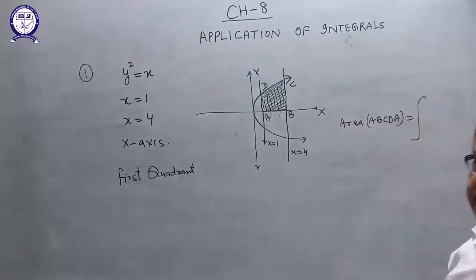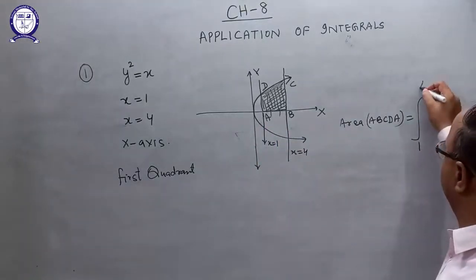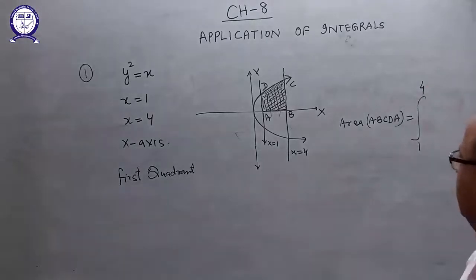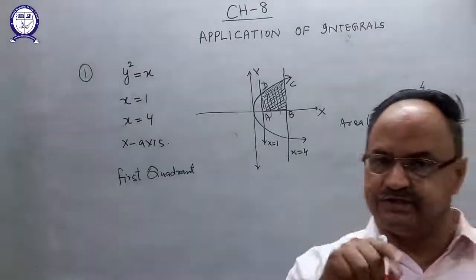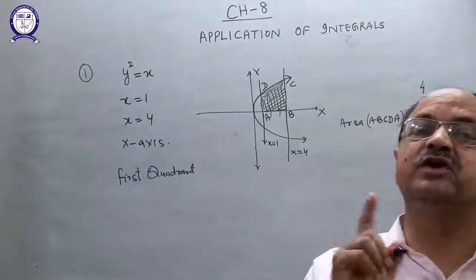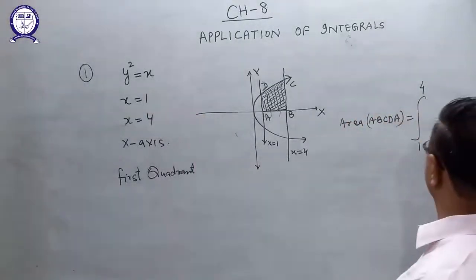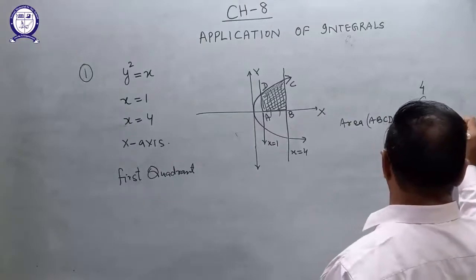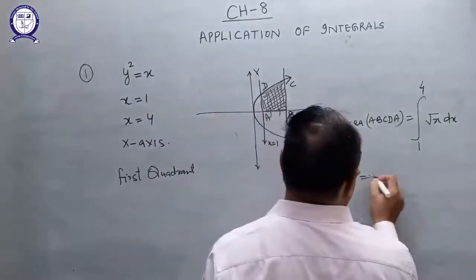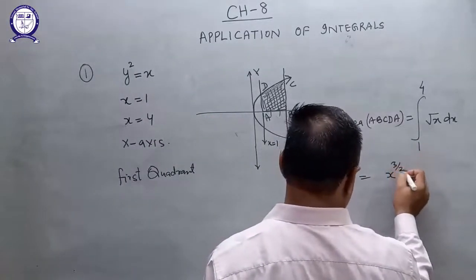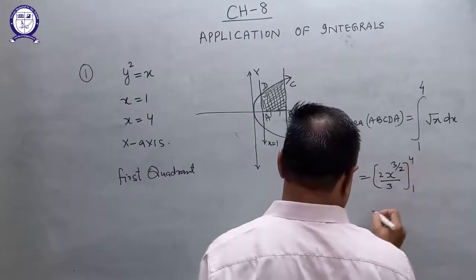The limit is from left to right, which means limit 1 to 4. And what is the value of y? Because the formula is integration a to b of y dx, put the value of y from the function, root x dx. Now simply integrate, then upper limit minus lower limit. The integration gives x to the power 3 by 2 divided by 3 by 2, with limit 1 to 4.